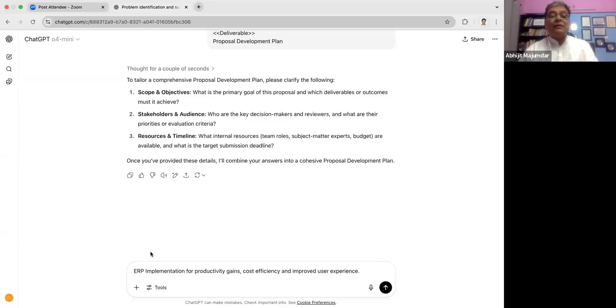Stakeholder, what are the key decision makers? CXO. What are their priorities?